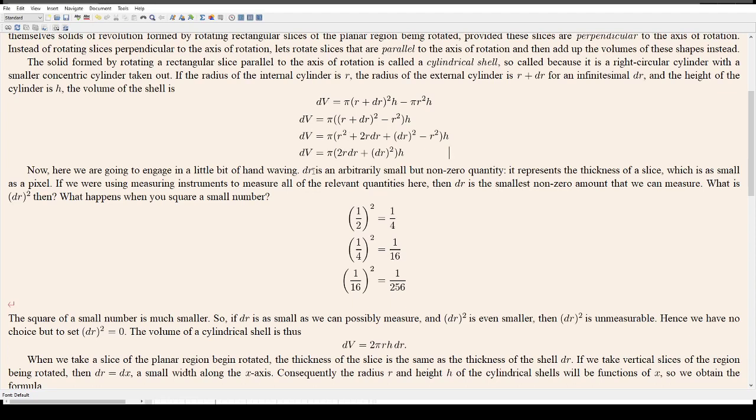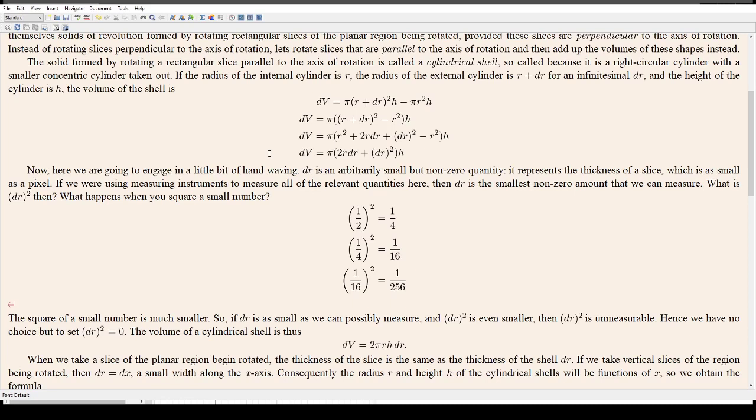Now, we are imagining that dr, being an infinitesimal, is an arbitrarily small but non-zero quantity, the thickness of a slice. Now, if we were to actually try to do all of these measurements by hand, we would find that there is a smallest possible length that we can measure, right?